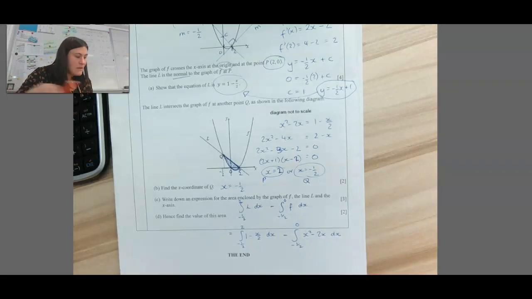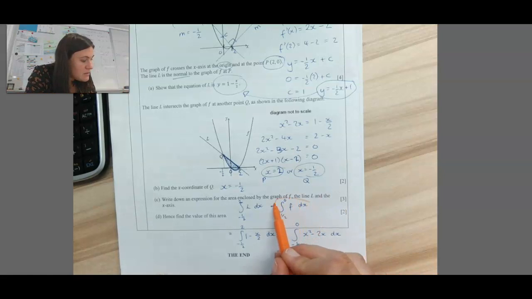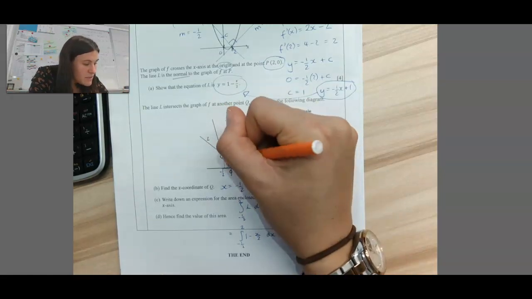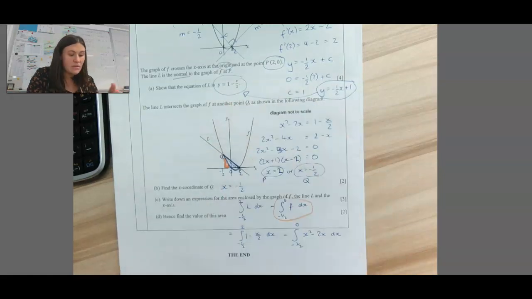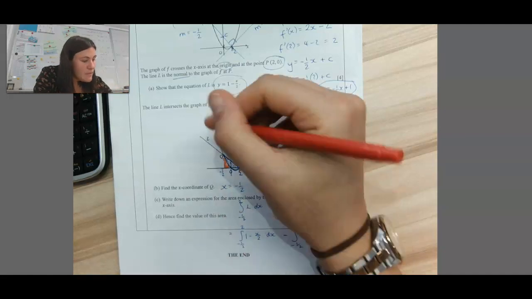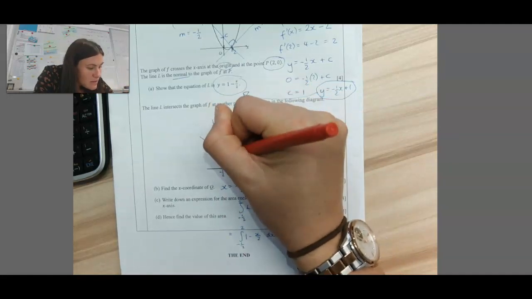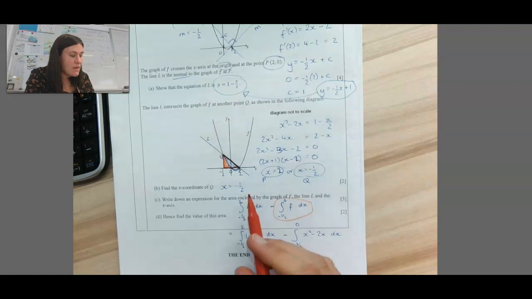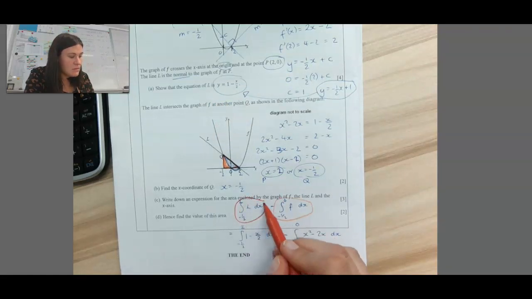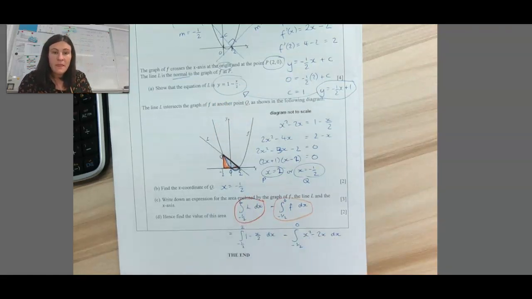So this bit here corresponds to this bit here, which I don't want to count. So I'll have all of that bit there. So that's my expression, that's part C done.